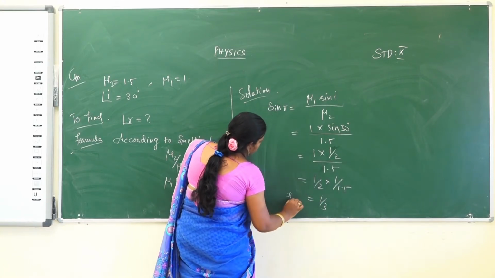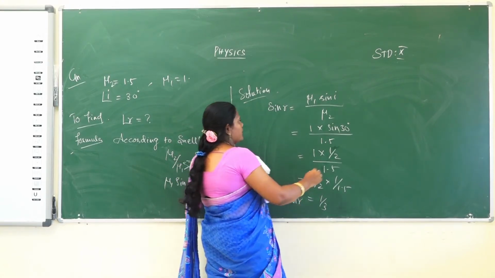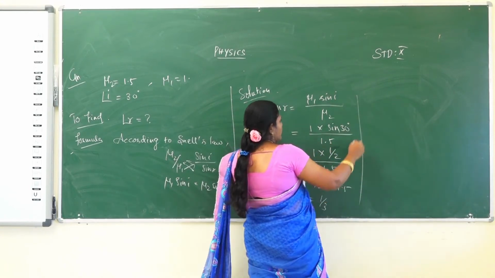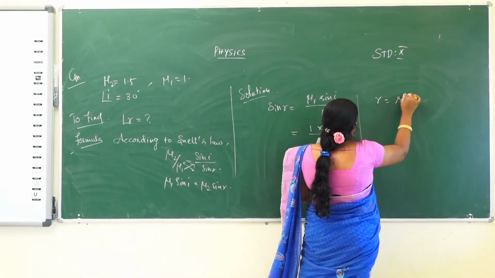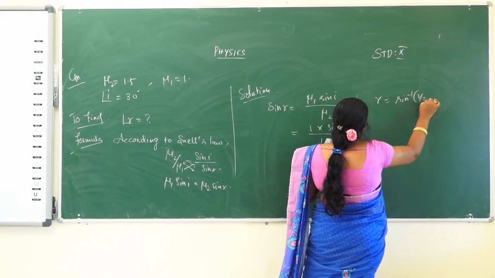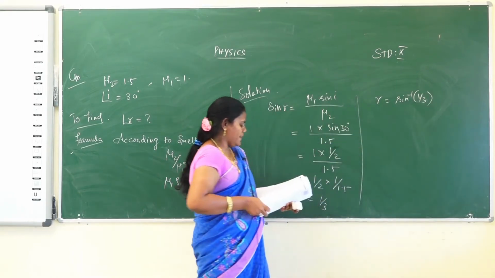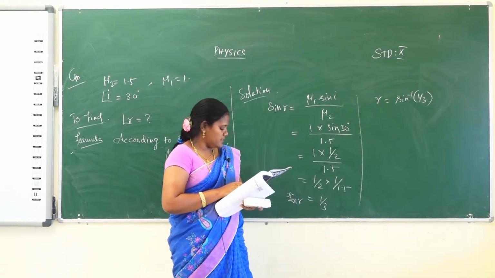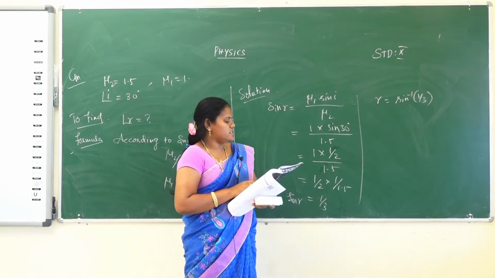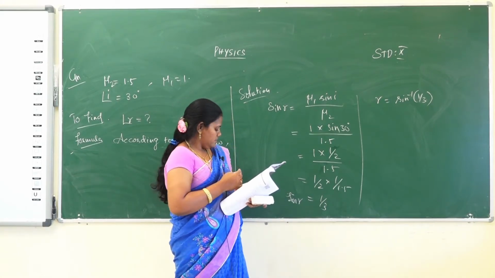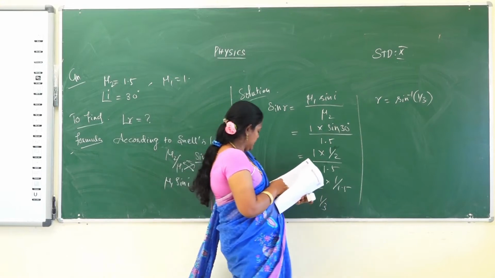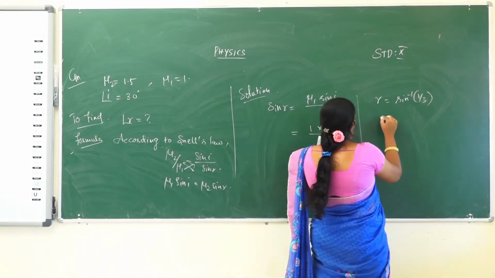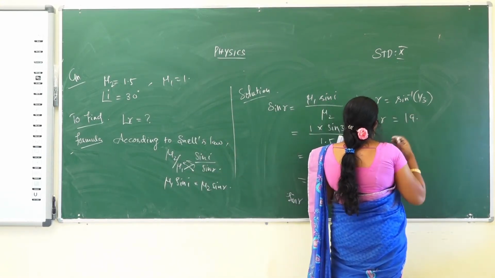That is sin r. Okay, so sin r is equal to 1 by 3, so r is equal to sin inverse of 1 by 3. What's the angle whose sin value is 1 by 3? That is 19.45. So r is equal to 19.45.